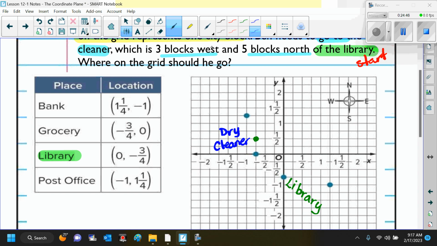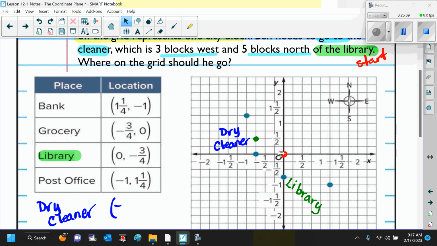Okay, so how do I get there? Well, you're going to start at the origin. Now, from the origin, to get to the dry cleaner, we had to go to the left. So if I go to the left, then my ordered pair is going to be negative. So we put a negative for the ordered pair. Now, what's the number going to be?